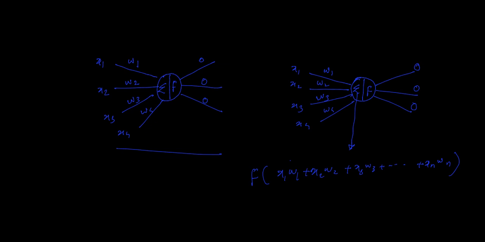There are different kinds of activation functions like the sigmoid activation function, ReLU, etc. These are applied on this sum, and the output is generated and sent to the other neurons. So this is how the artificial neuron is approximately similar to the biological neuron, though the biological neuron is very complex.